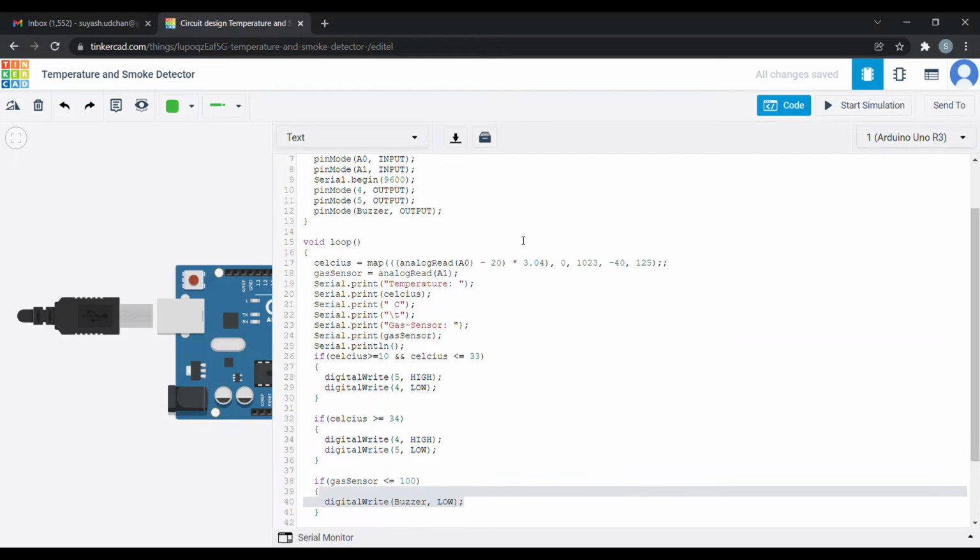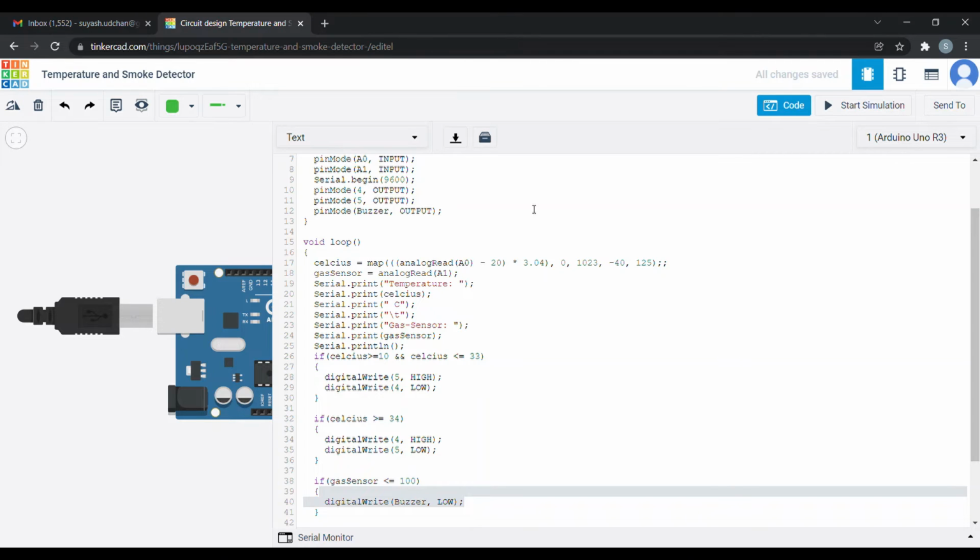And then in the void loop section, the first line that we have written is Celsius is equal to map analog read. From that line we are going to take input from the analog pin A0, which we connected to the temperature sensor, and we are going to convert that analog read to a digital one, and convert it to temperature in degrees Celsius, and store it in the Celsius variable by that formula.